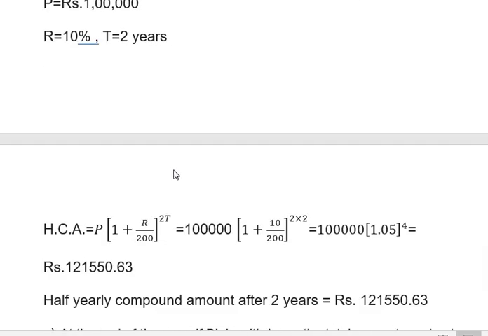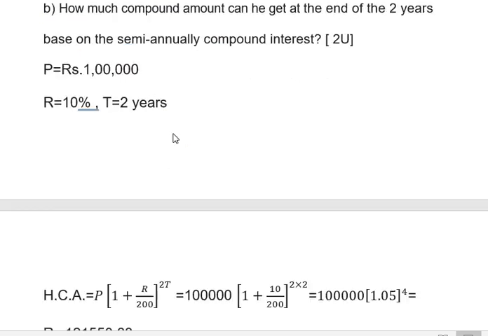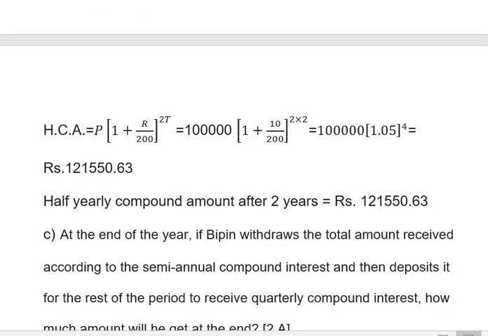So the question asks, how much compound amount can he get at the end of 2 years? Now for the half yearly compound amount, P times (1 plus R by 200) to the power 2t.